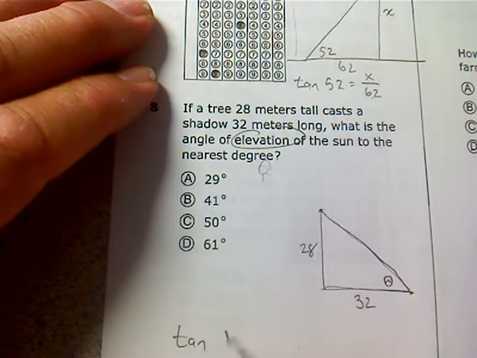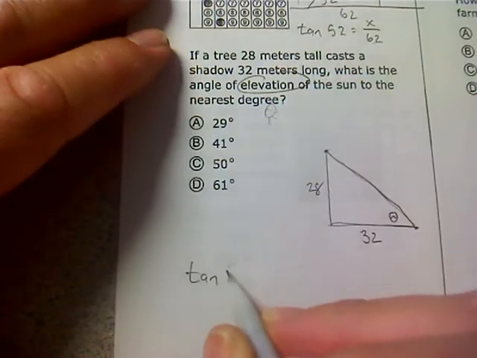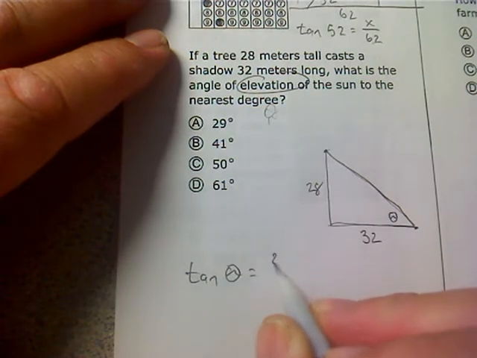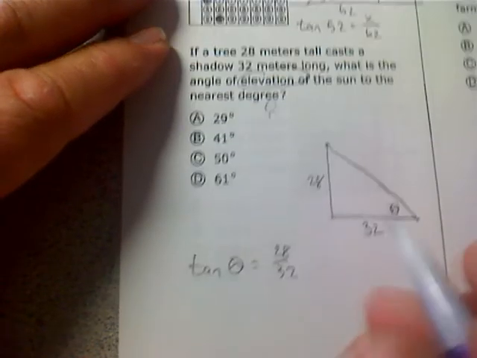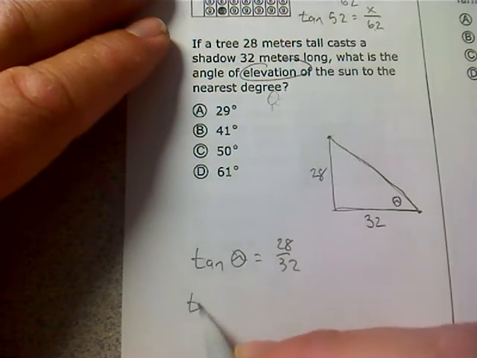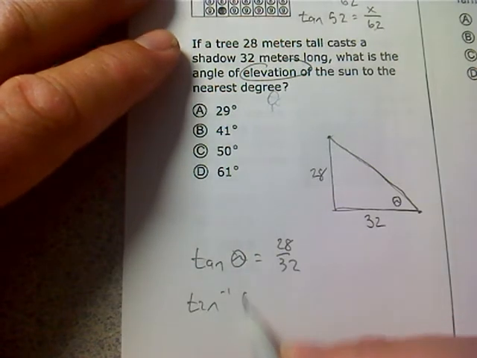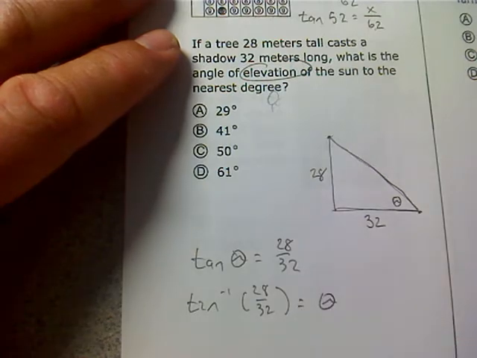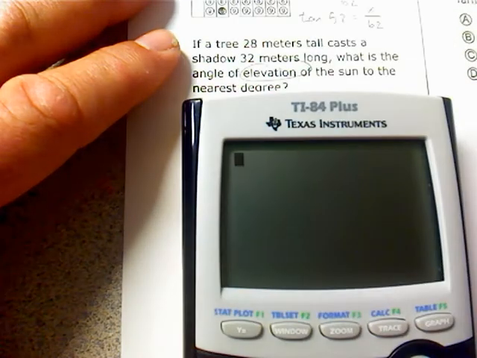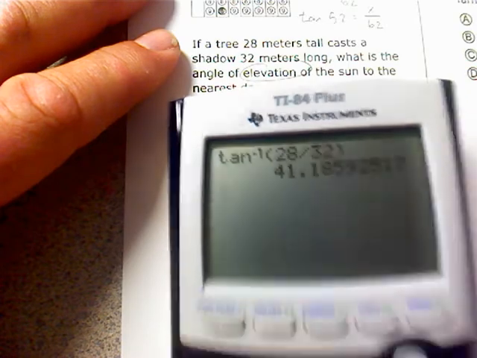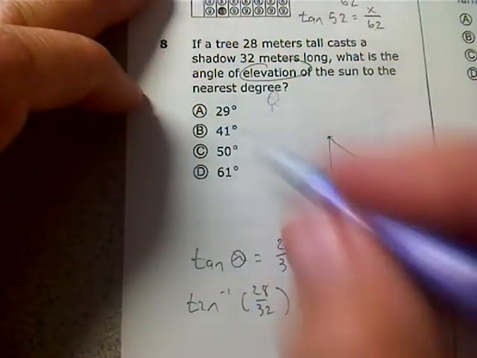So the tangent of theta is opposite over adjacent, or the inverse tangent of 28 over 32 equals theta. So on the calculator, I say the inverse tangent of 28 divided by 32, 41.2, B.